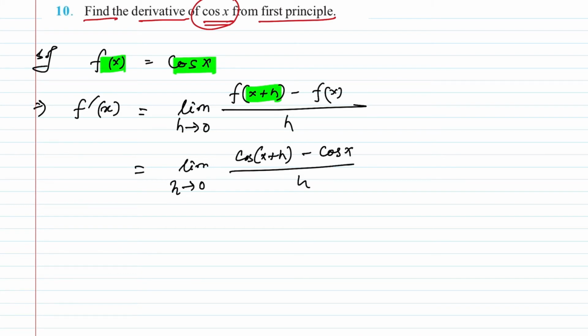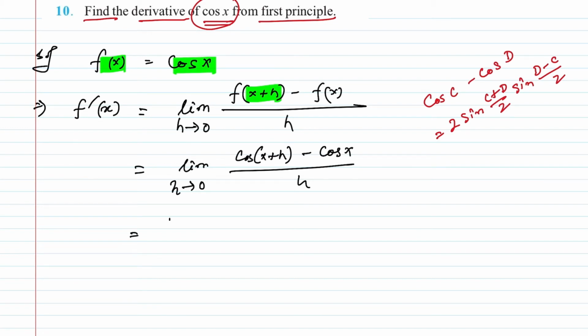Here we are going to apply this trigonometric identity: cos c minus cos d is equal to minus 2 sine of (c plus d) by 2 times sine of (c minus d) by 2, or 2 sine (c plus d) by 2 sine (d minus c) by 2.